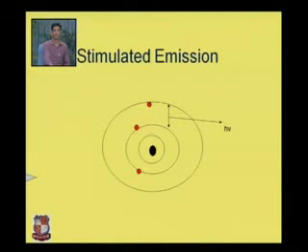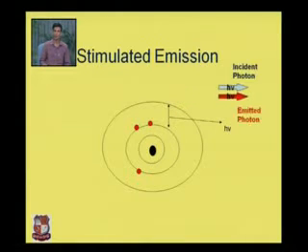So here your external photon makes that electron come down, and due to that you have two photons in the output, one which is the original external photon, and the second one which is the red one, emitted due to the transition of the electron from the excited state to the ground state. So in this you have two photons.